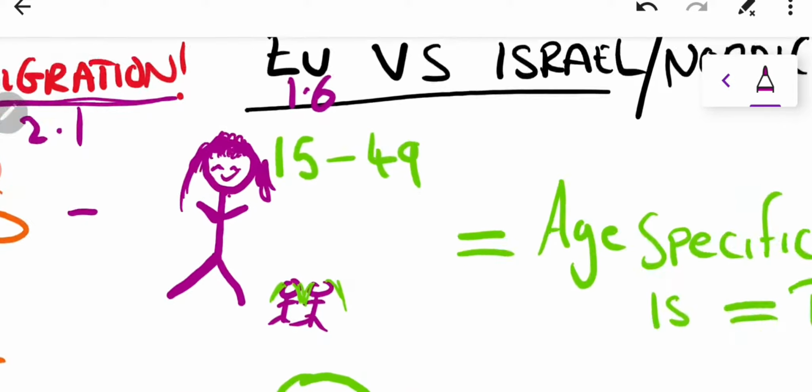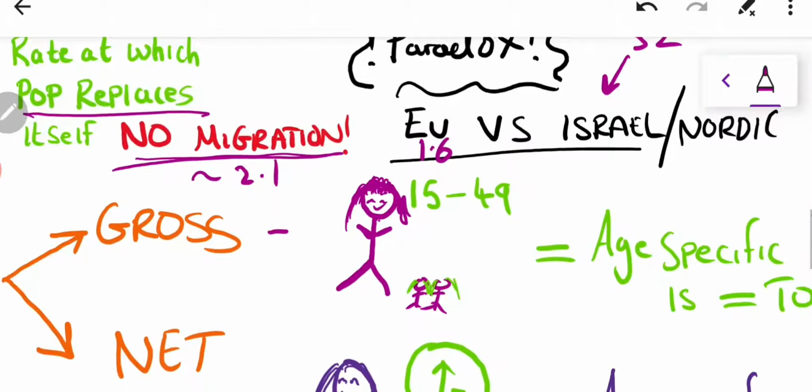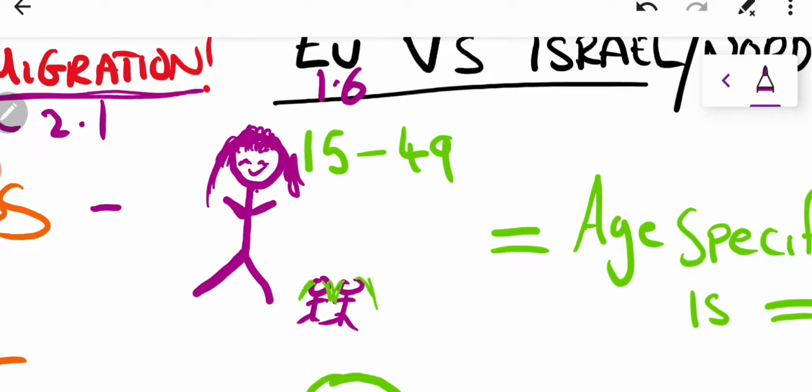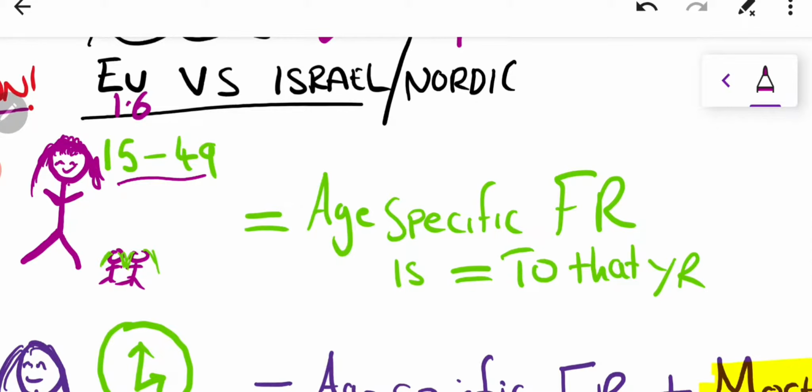So basically what I'm trying to say here is that the gross fertility rate is the number of live born girls that are born to a 15 to 49-year-old, if the age specific fertility rate is equal to that year.